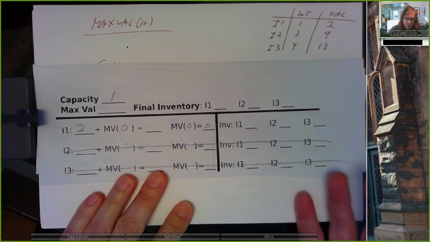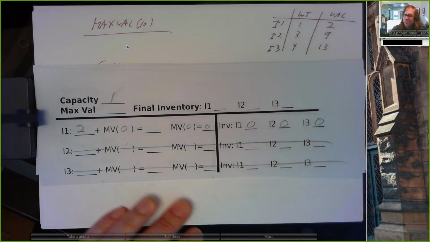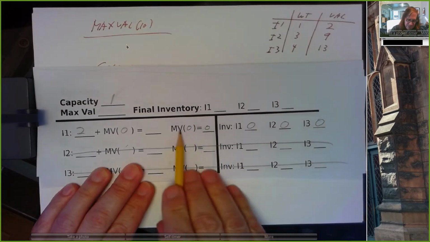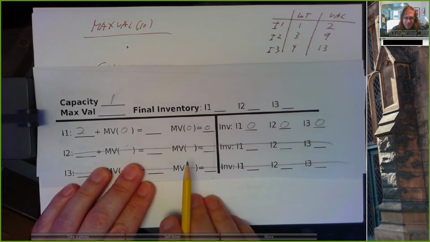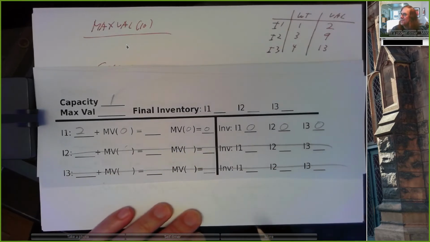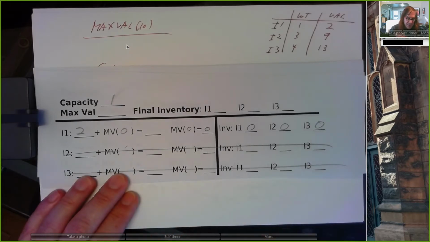And the inventory that goes along with that is simply no items 1, no items 2, no items 3. All right, so this information needs to come back from my max val function. And for the base case, just return a 0 and say you don't get to put in any of your items.